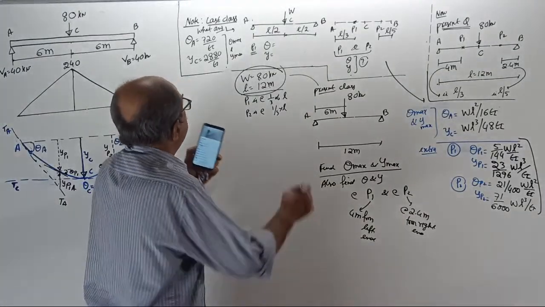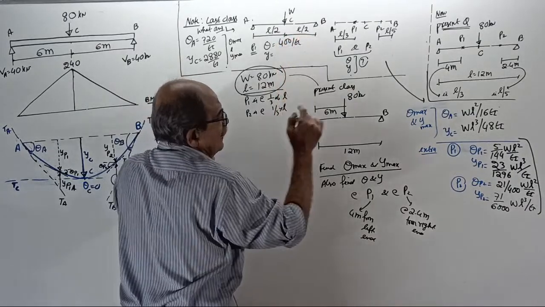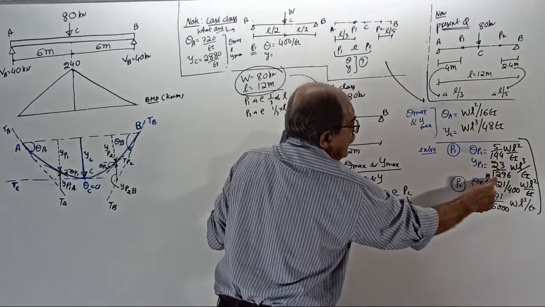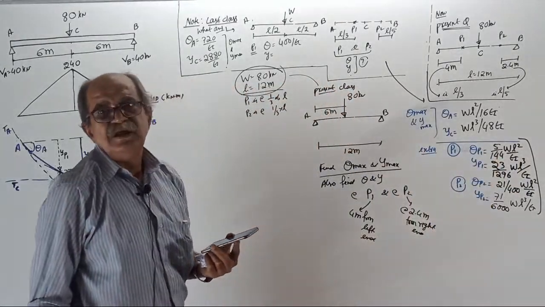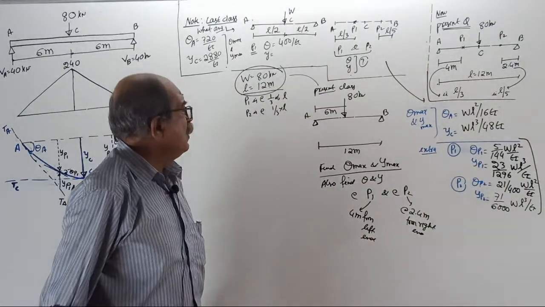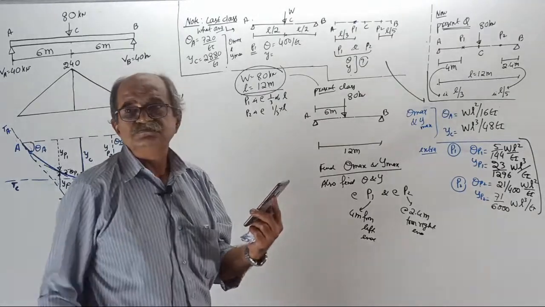Fast answer: 400, 400 by EI. Deflection: 80 into 12 cube into 23 by 1296. This is only for checking purpose. 23 by 1296 into 80 into 12 cube.